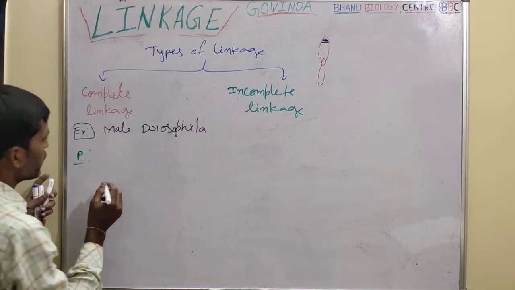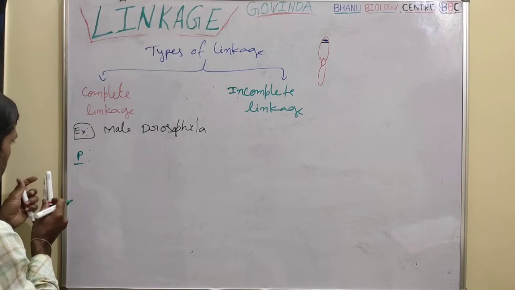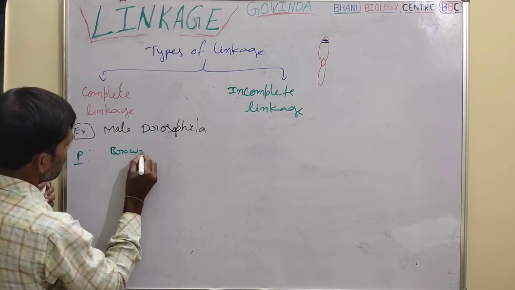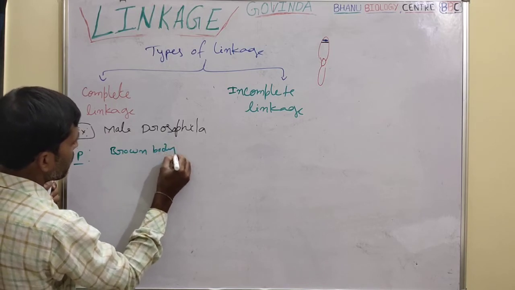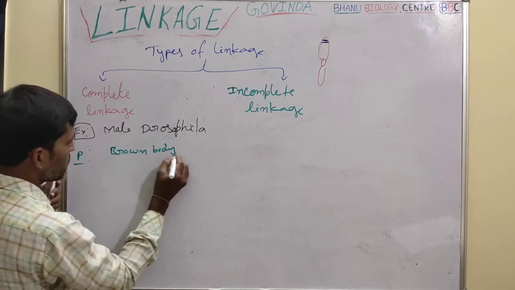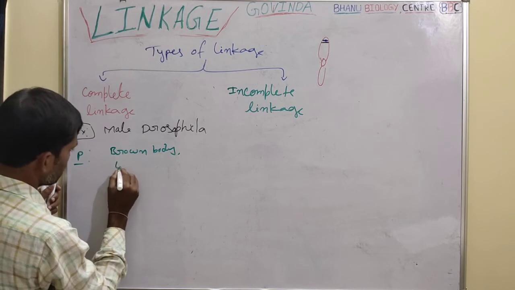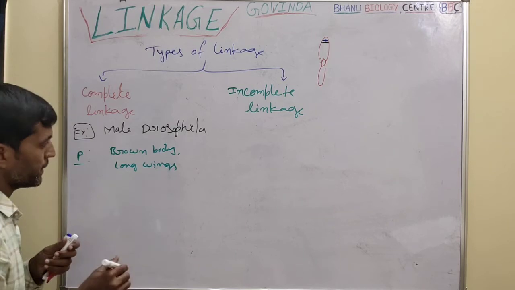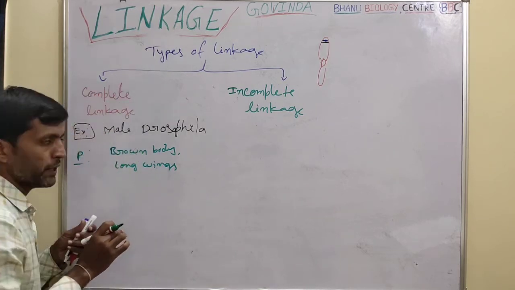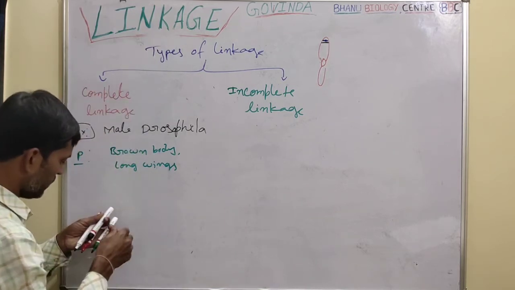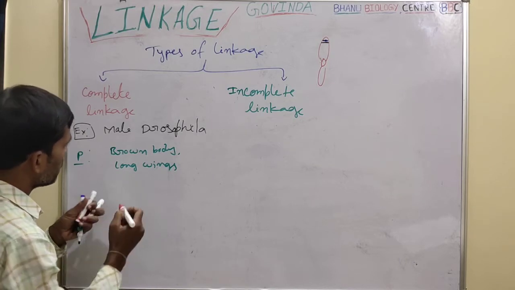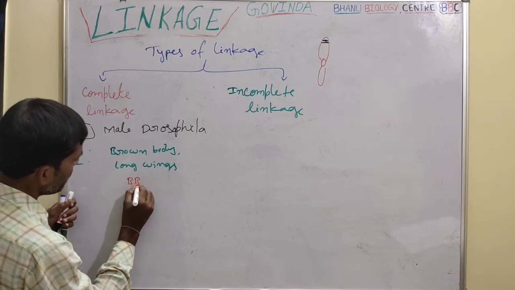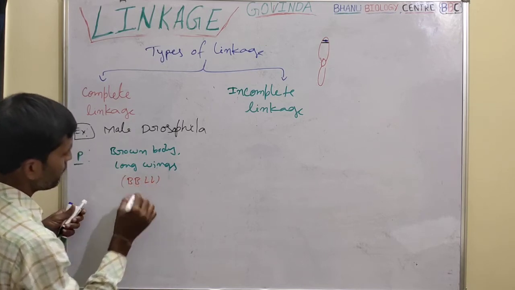The parent generation: brown body color and long wings, right? This is the homozygous dominant parent. The genotype of this Drosophila will be capital BB and long wings LL.